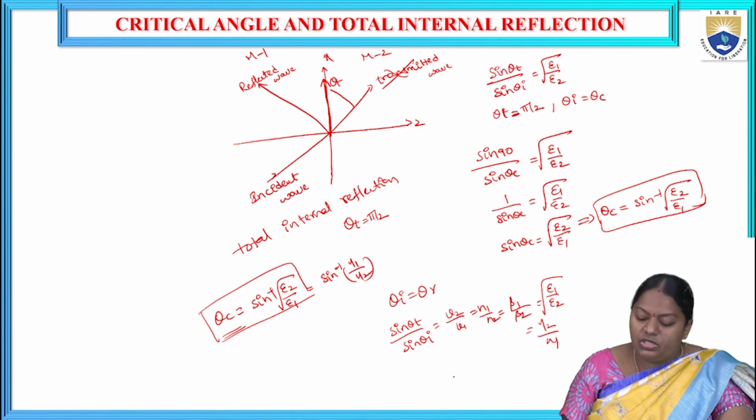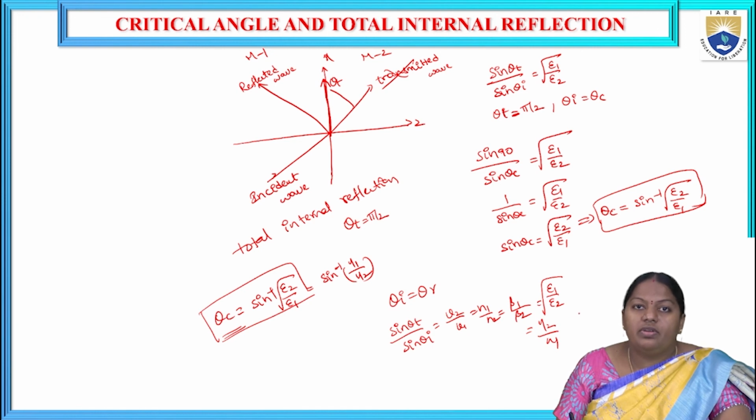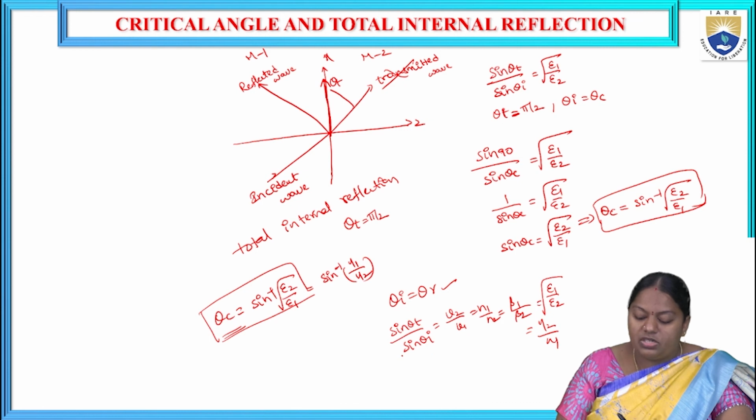These are different relations considered according to the electromagnetic wave propagation characteristics. Based upon these, we have Snell's law of reflection as theta i equal to theta r, and Snell's law of refraction as sin theta t by sin theta i equal to n1 by n2. Why we have particularly considered n1 and n2 is because it is derived from the index of refraction.